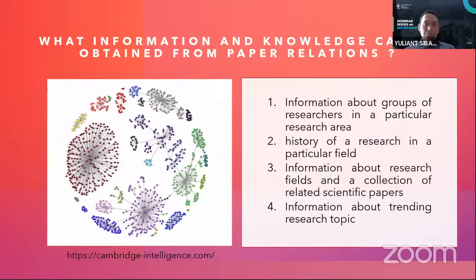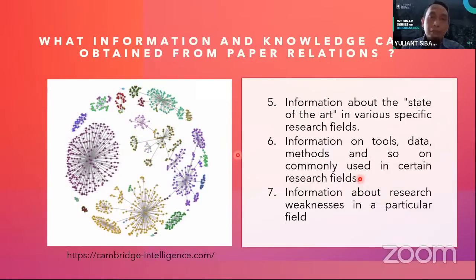The fourth, information about trending research topics. Fifth, information about the state of the art in various specific research fields. Sixth, information on tools, data, methods, and so on, commonly used in a certain research field. Seventh, information about research weaknesses in a particular field.